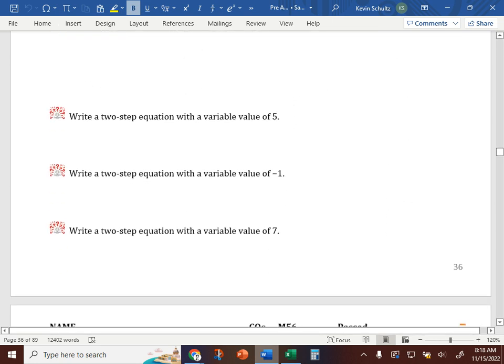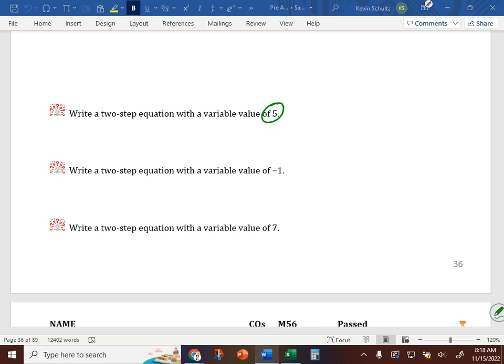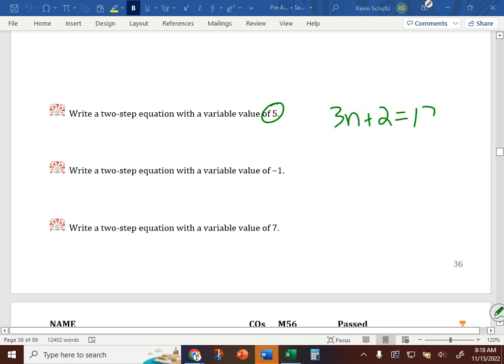And then down at the bottom here, it says write a two-step equation with a variable value of 5. Write a two-step equation with a variable value of -1. And then write a two-step equation with a variable value of 7. What does that mean? That means that you need to write a two-step equation like we have above, so that when I solve it, the variable equals 5. An example, 3n plus 2 equals 17.